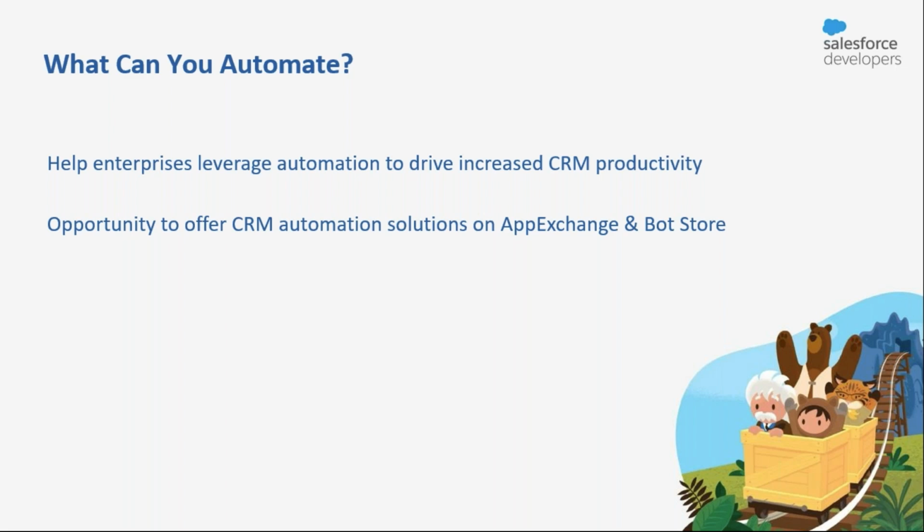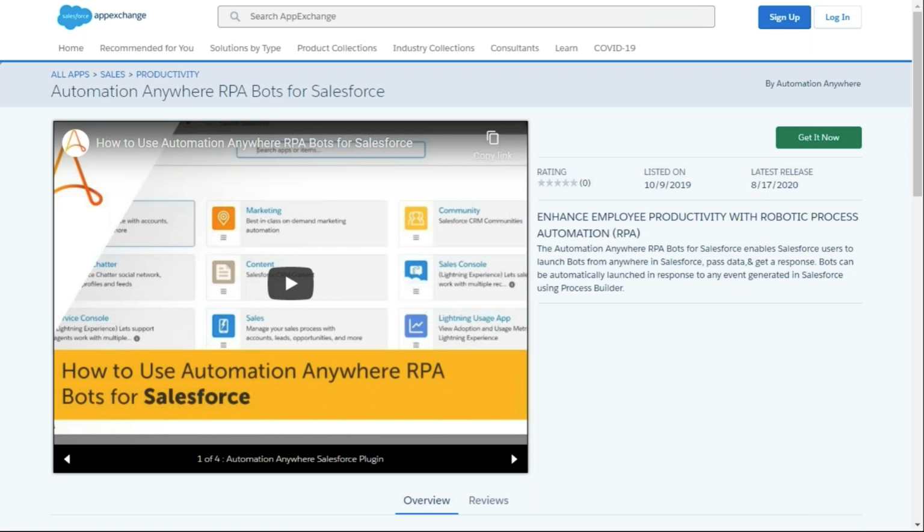With that said, let me talk about one of our very good products from AppExchange called Automation Anywhere RPA Bots for Salesforce. This product can be installed in your org and you can use it to map the Salesforce objects to the parameters that can be passed to the RPA bots.